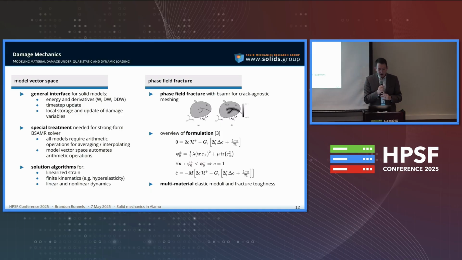And so we developed what we call the model vector space, where we have a class of material models that automatically work on templated BaseFabs. So you can template your fab with these material models, and they come equipped with arithmetic operations so that they can be averaged and zeroed and multiplied by scalars as needed.